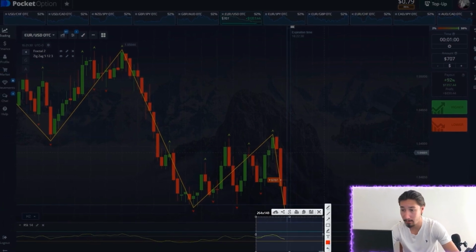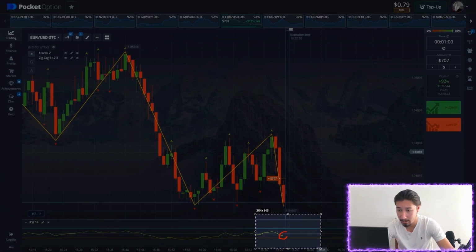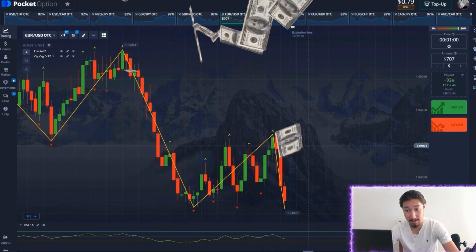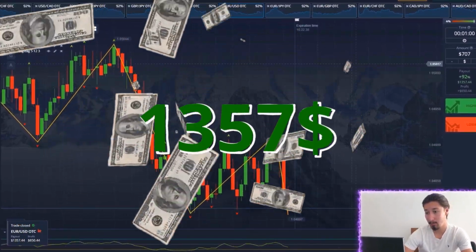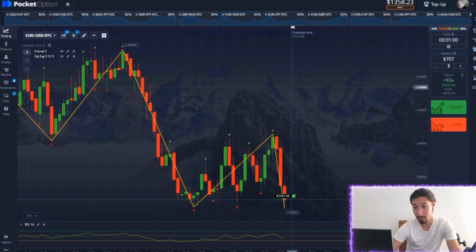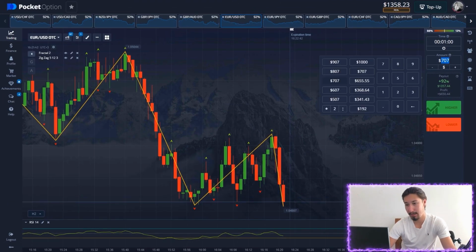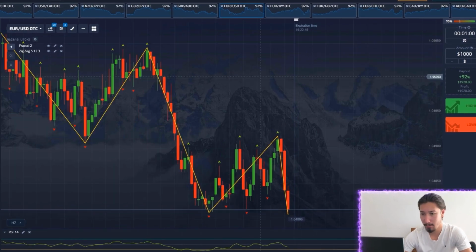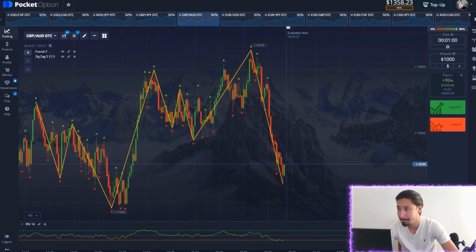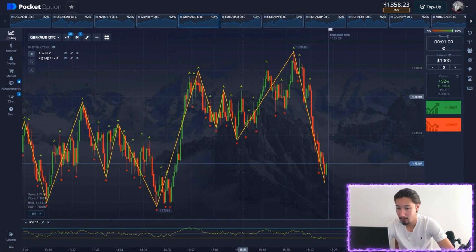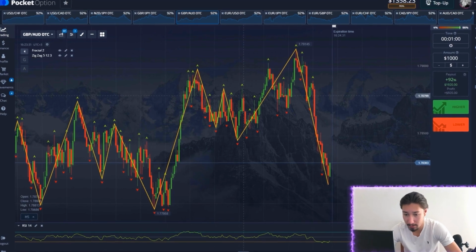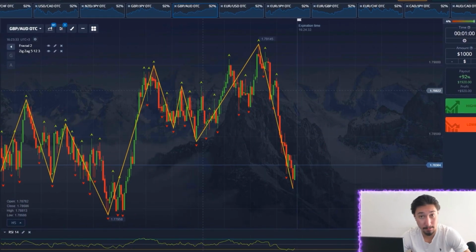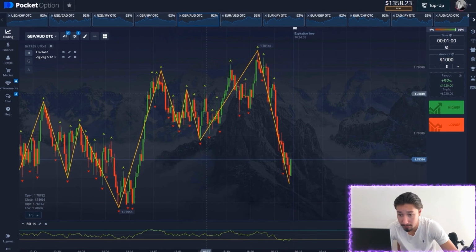So we opened with the downward trend, and as you can see the outcome, nice. On the RSI, the moving average was close to the oversold zone, exactly as we predicted. So let's change the amount. There we go. All right, we get almost $1,400. Let's see for another entry.